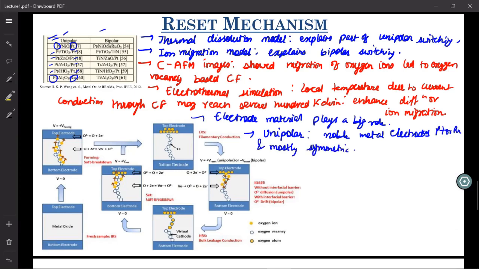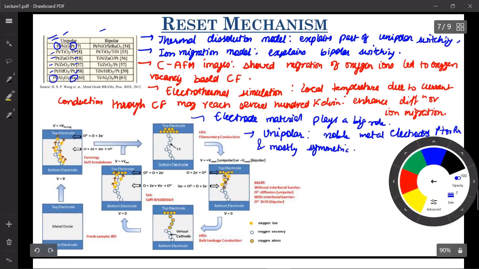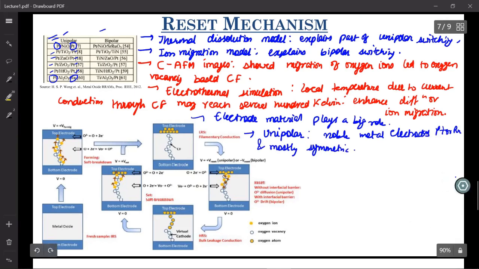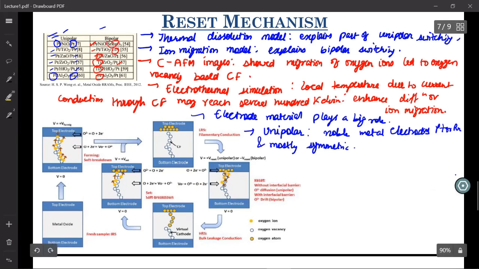And then what can you conclude about the bipolar ones? In the bipolar ones, you can see that one of them is platinum, but the other one is changed. They use titanium nitride or strontium ruthenium oxide as well.